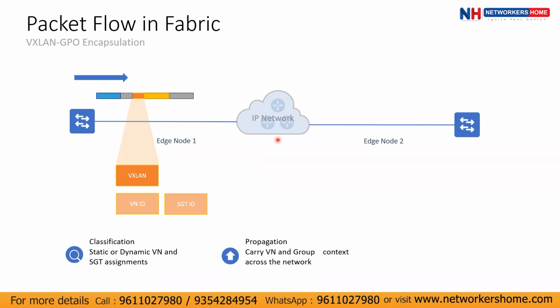And based on the user type, it has a specific VN associated. By default, between two different VRFs, we can't communicate, right? But within the same VRF, if we want to stop communication and enforce any sort of access deny rule, previously we used IP addresses, but here in SDX, we use scalable group tags.